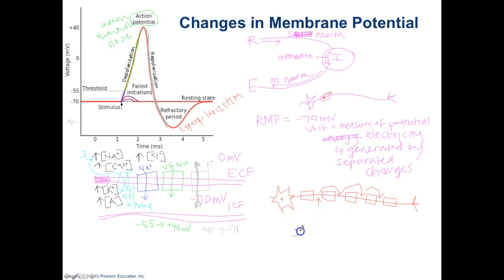And this is called saltatory conduction. Like I said, this is getting worse as time goes on. That's supposed to say saltatory conduction. Anyway, that about covers action potential. We'll go through this again in class.